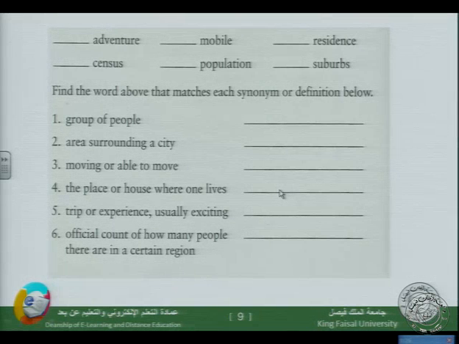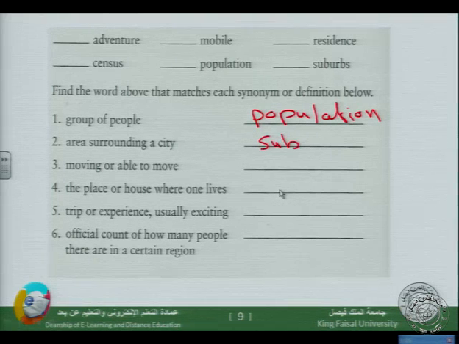A group of people is called population. Area surrounding a city is called suburbs. Moving or able to move is mobile.